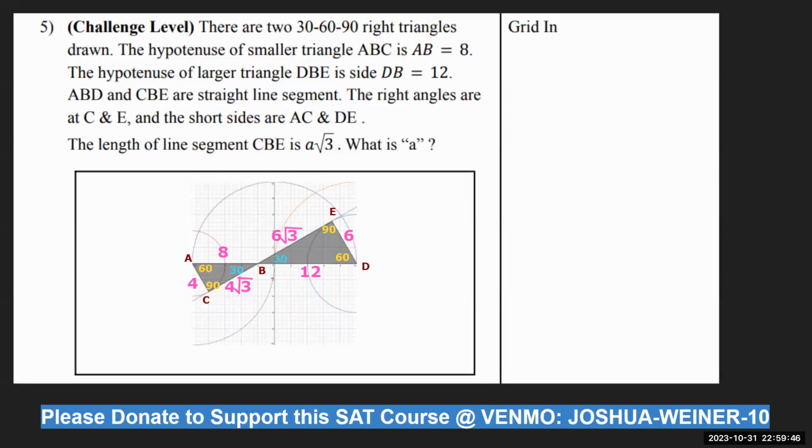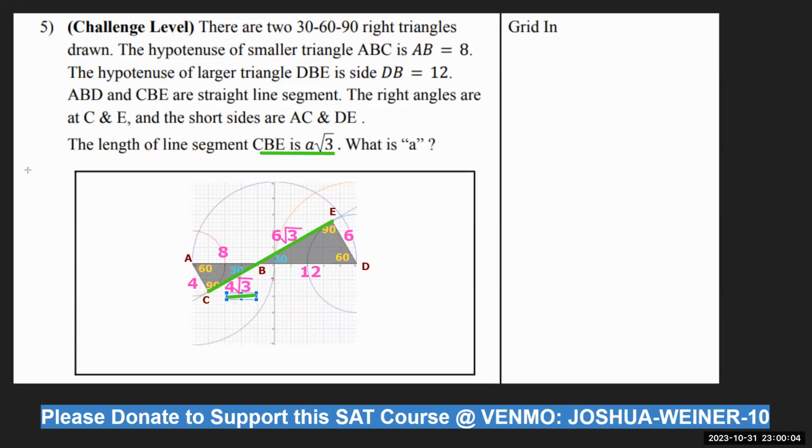So then the writer says, we want to know the entire length of CBE, this green line. CB is how many root 3s? Well, it's 4 here and 6 more.